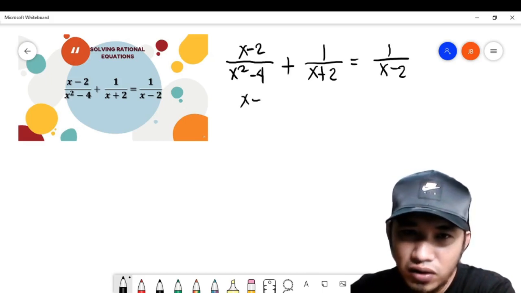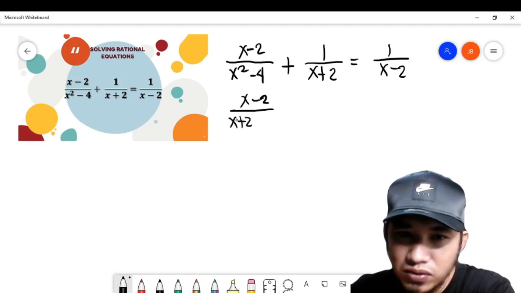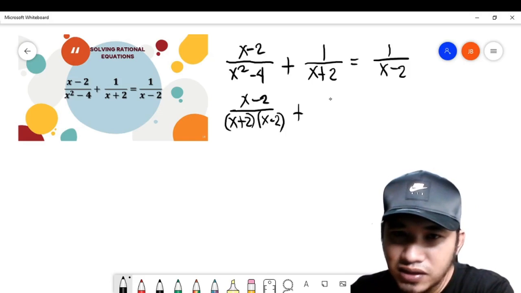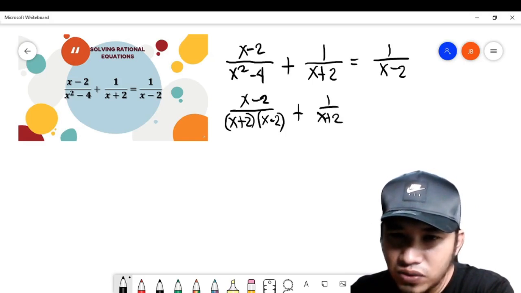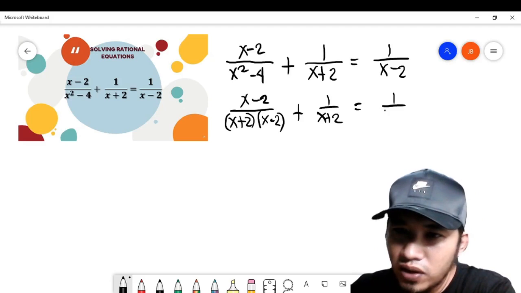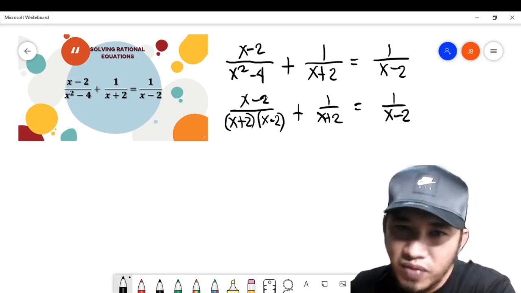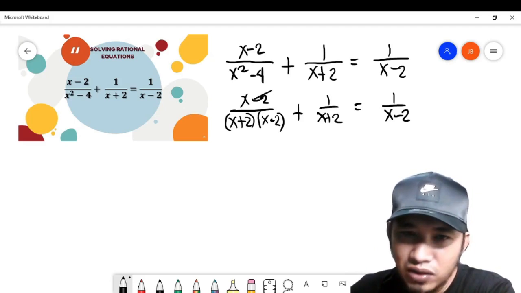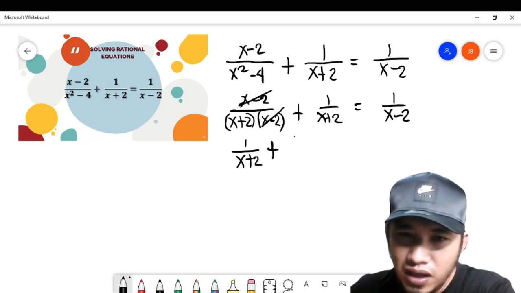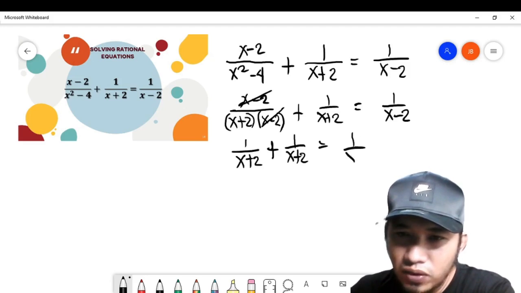So the factor of x squared minus 4 is x plus 2 and x minus 2 plus copy 1 all over x plus 2 is equal to 1 all over x minus 2. So the first numerator meron siyang kamukha sa denominator, so cancel. Ang natira is 1 all over x plus 2 plus 1 all over x plus 2 and that is equal to 1 all over x minus 2.